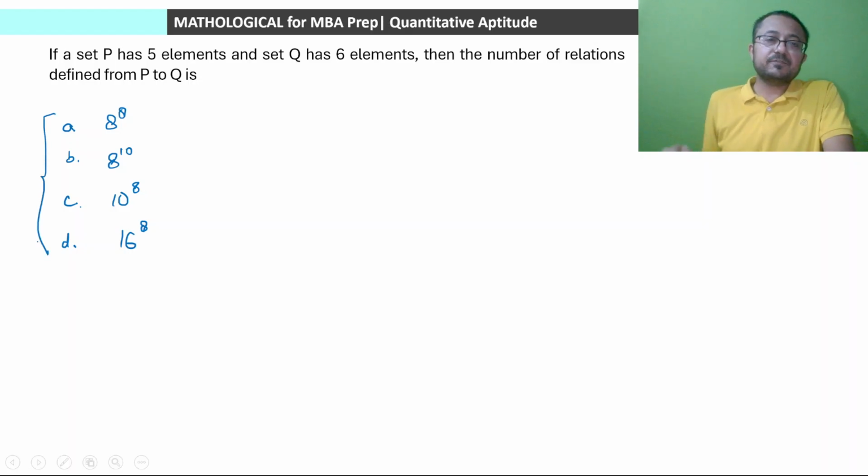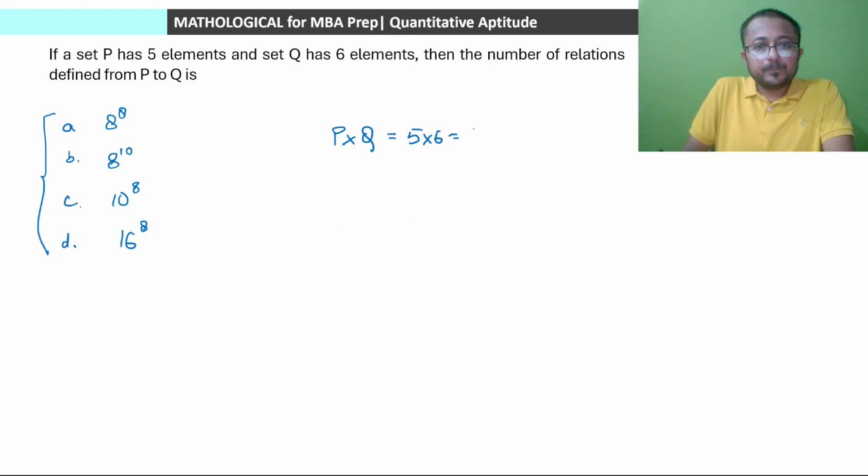Set P has 5 elements, set Q has 6 elements. तो number of relations defined from P to Q क्या होगा? So P cross Q, which is the Cartesian product of P and Q, will be having number of elements that is 5 into 6, 30 elements.